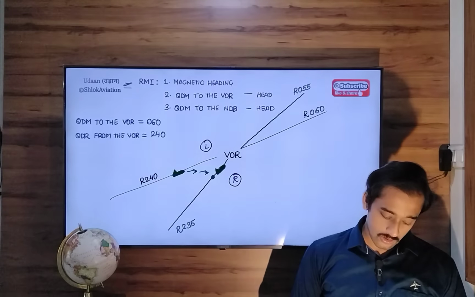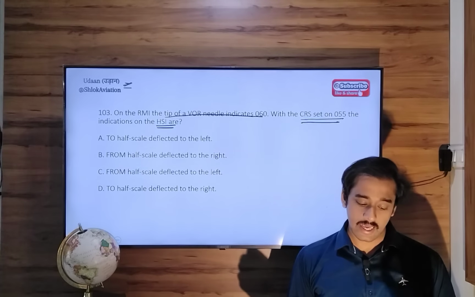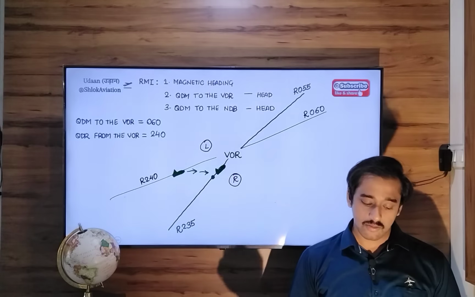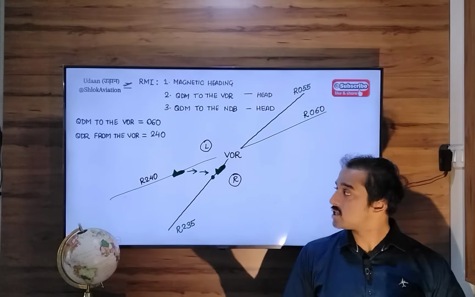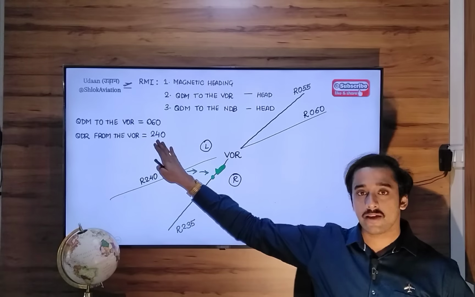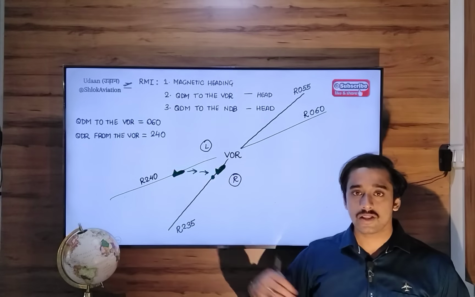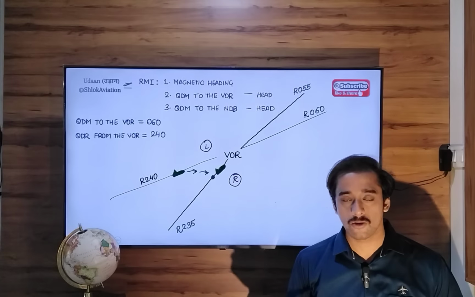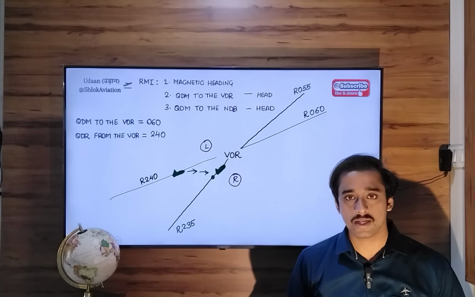Okay, so simple. Again, a quick recap. The tip of a VOR needle indicates 060. That means currently the QDM to the VOR station is 060 and therefore QDR is 240. With this, we come to know that we are situated somewhere on radial 240. Whatever the heading of the aircraft, that is irrelevant.